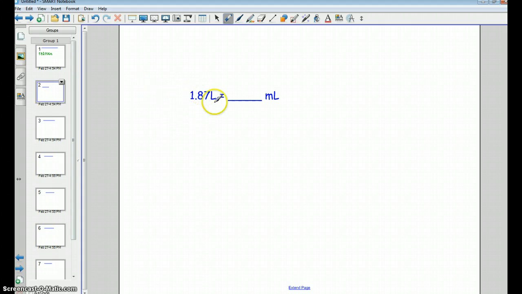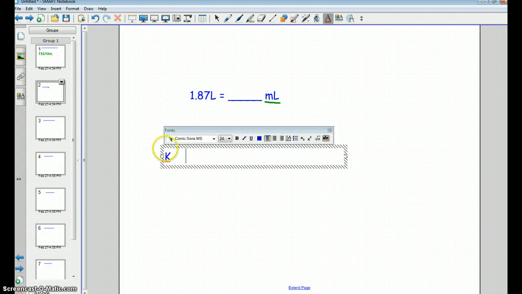So if I have 1.87 liters and I want to know how many milliliters that is, I know it's milli because it's got an M, and my capital L stands for liter. So every single time I'm going to think about my King Henry died by drinking chocolate milk.